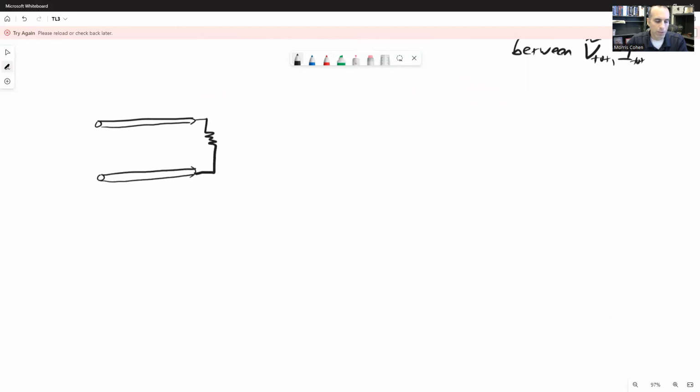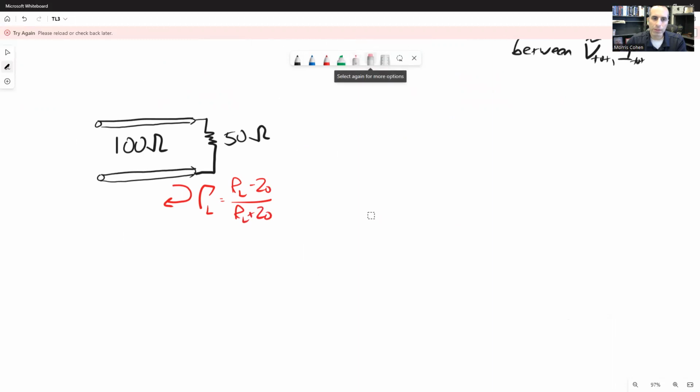I'm going to put some numbers to this. Let's say we have an intrinsic impedance of 100 ohms and a load of 50 ohms. All right, if that's the case, then we can observe what's going to happen from the reflection coefficient here. The reflection coefficient at the load equals RL minus Z0 over RL plus Z0.